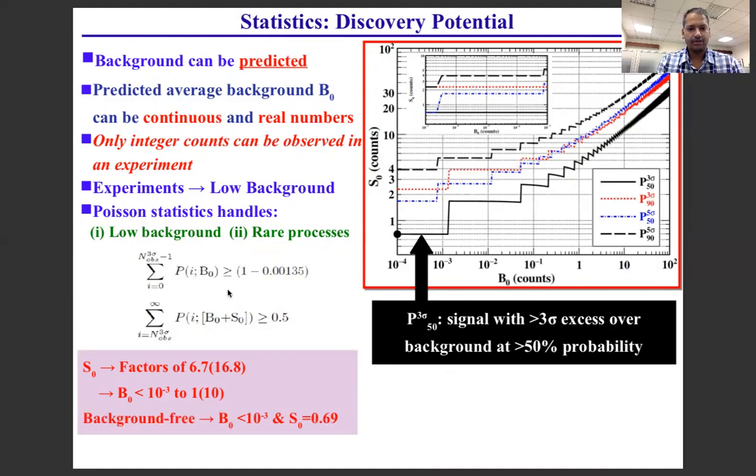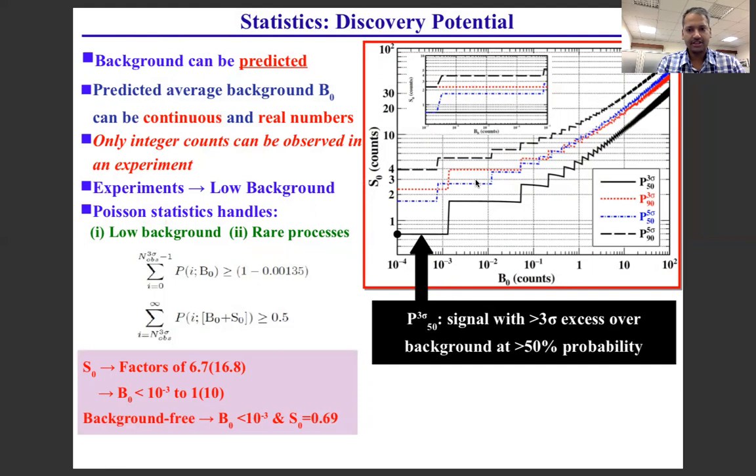So we calculate the total number of observed events at the 3 sigma level, and then with 50% probability. In this work we have selected this scheme, 3 sigma excess over background with 50% probability, and we have also calculated for a more robust discovery potential.